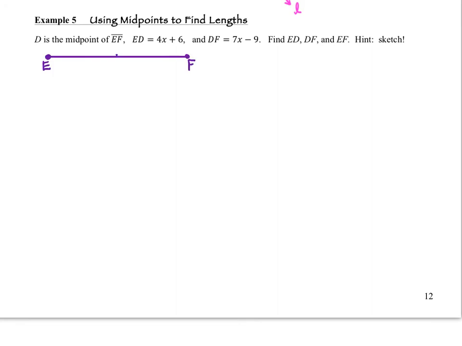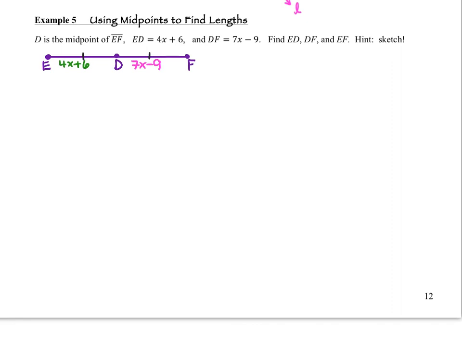We'll start out with segment EF and the midpoint D, exactly at the halfway point. And then we'll put in our expression. So from E to D, we've got 4x plus 6. From D to F, we've got 7x minus 9. Now, we know because the point D is halfway, or the midpoint, of segment EF, we know that we've got two congruent halves here.